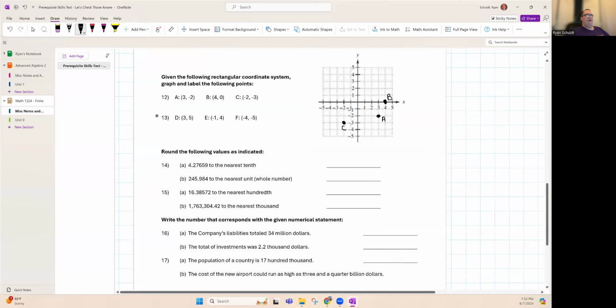D is at 3, 5. E is at -1, 4. And then F is at -4, -5. There's your points.